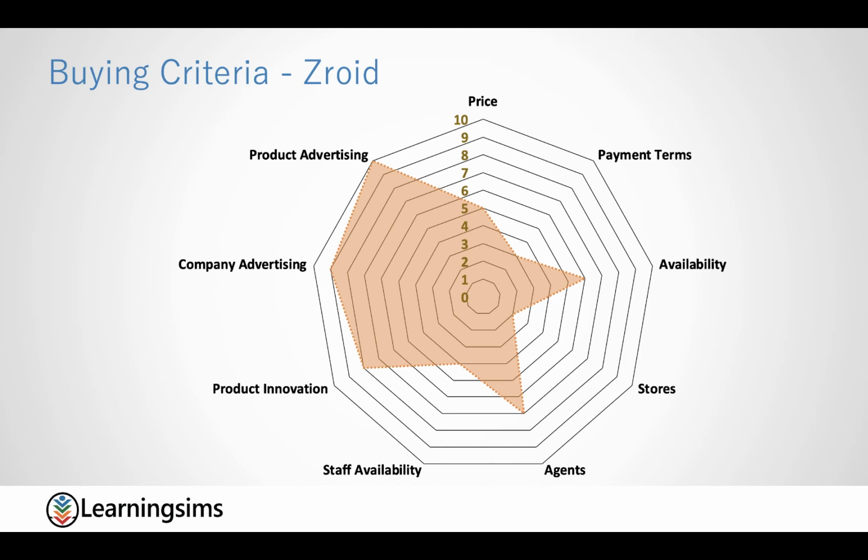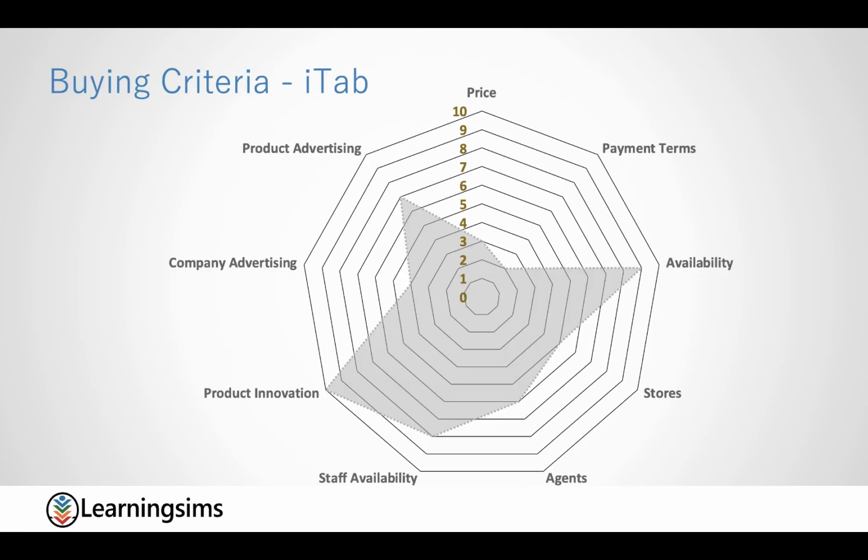They prefer more product advertising, company advertising and innovation, and also tend to buy more from the agents instead of the stores. And then finally, you have your top-end product, which is a more business-like customer. They prefer product innovation and the availability of the product with staff availability, and they don't care so much about price. So you'll find that the price is sitting at a low range.